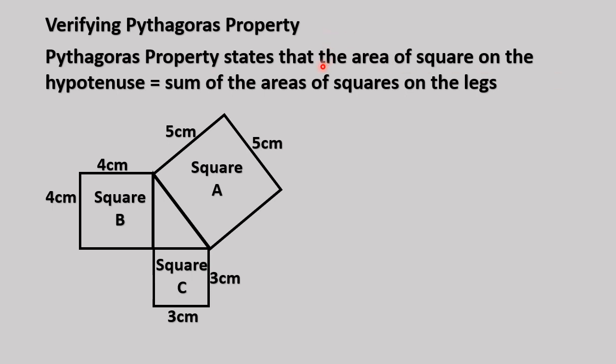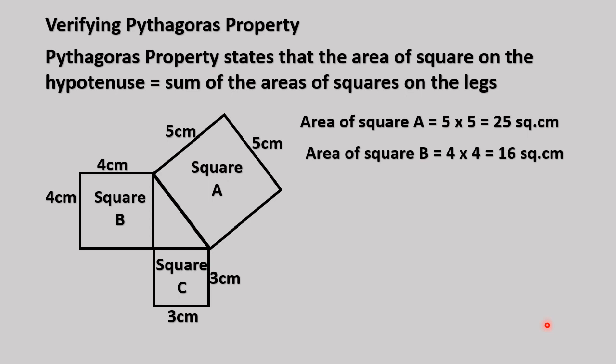So what does the property say? The square on the hypotenuse. What is the area of square A? Side into side, 5 into 5, 25 square centimeters. Area of square B, 4 into 4, 16 square centimeters. Area of square C, 3 into 3, 9 square centimeters.